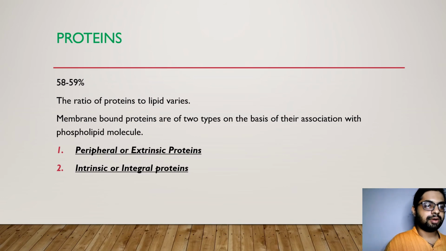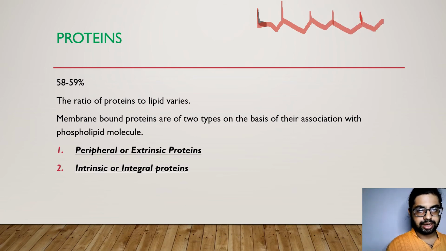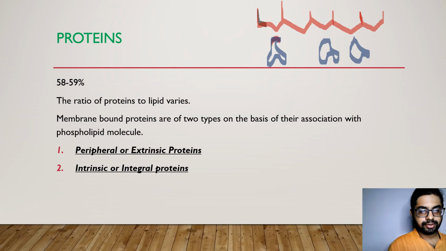So let's discuss proteins. As I have already mentioned, let's draw once again with this color. These are the protein moieties or the molecules. And here we find the phospholipid, okay. This is again protein moieties, because the plasma membrane is bilayer in nature.